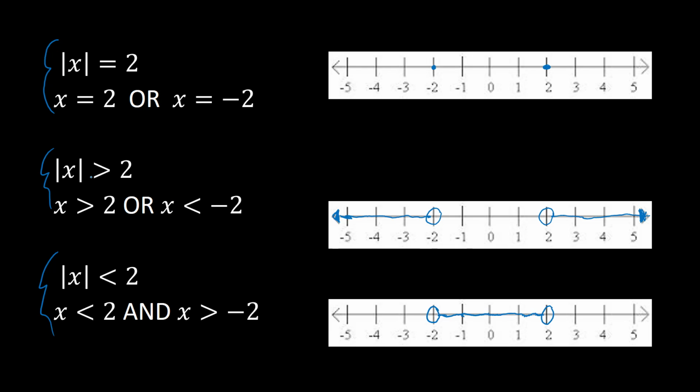You're going to change the greater than sign to a less than sign, and the 2 becomes a -2. So for the inequality ones, you're going to have your first case, which is pretty self-evident. Just take out the absolute value sign. But then don't forget about the second case, where you change the inequality from a greater than to a less than, and then change the sign from a +2 to a -2.